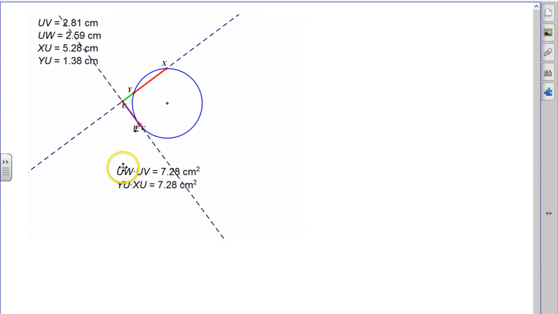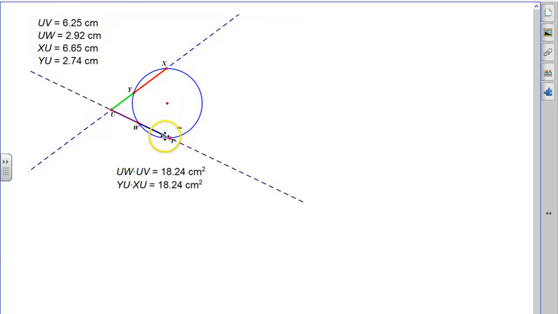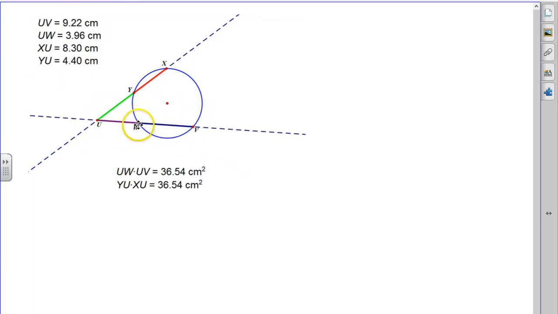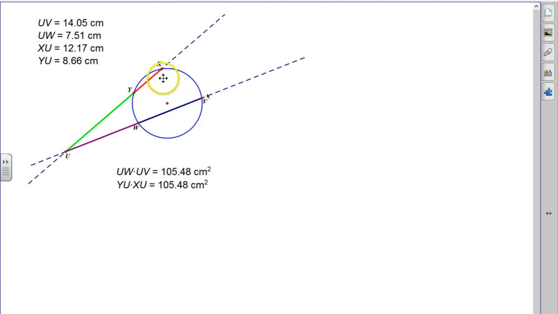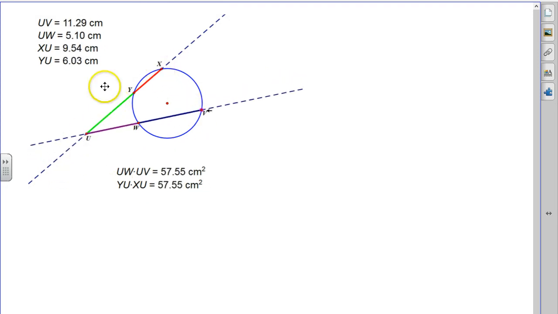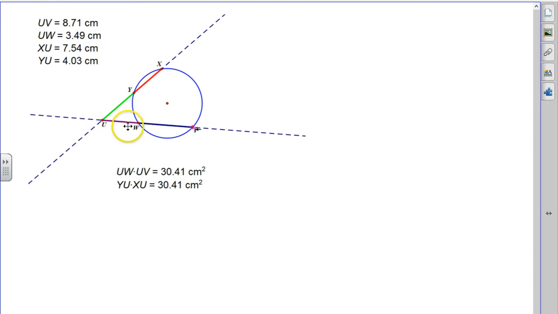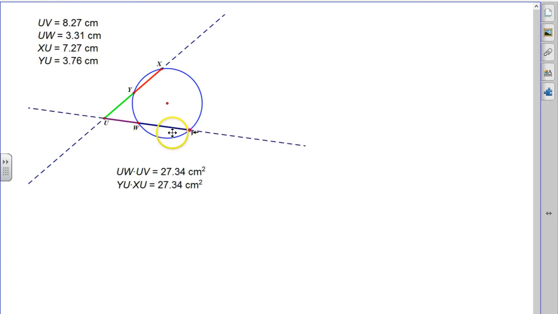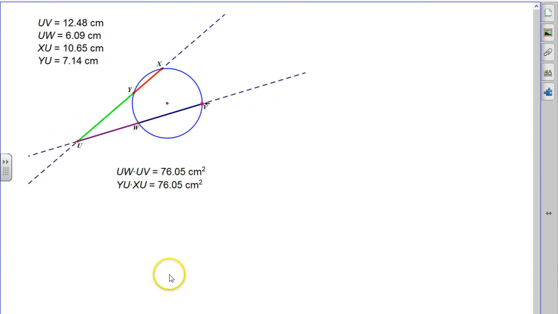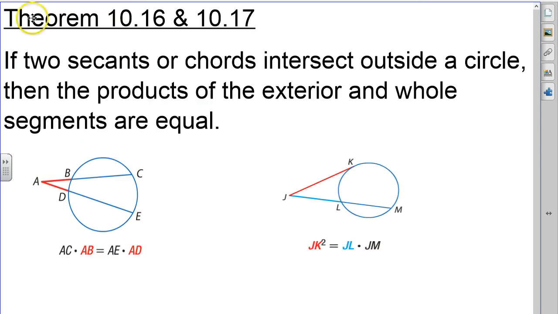VW times UW. So exterior times whole equals exterior times whole, and you can see the products are the same down here. The book has 2 of them, and I've condensed it down to 1 because it's so much easier that way.